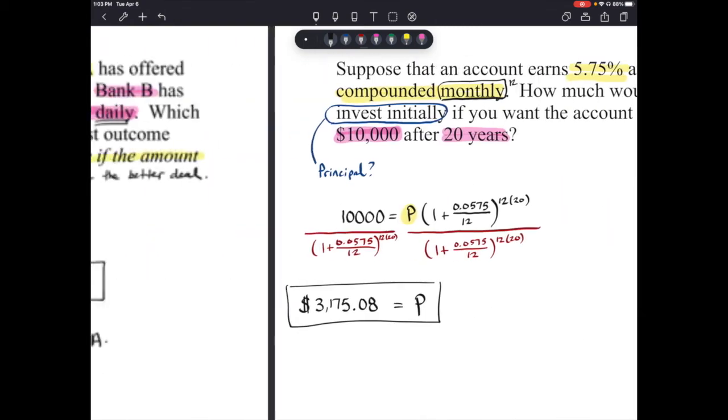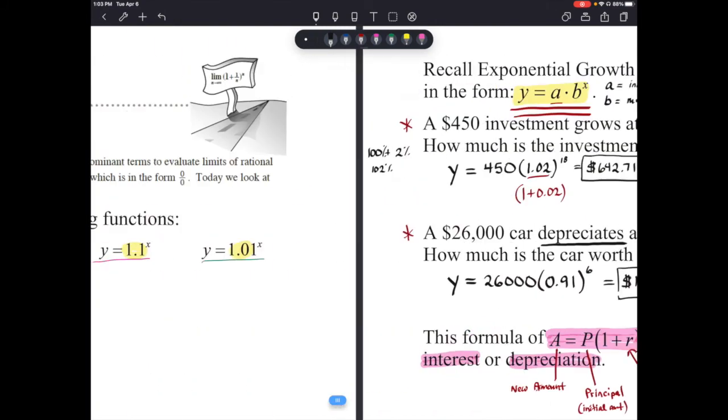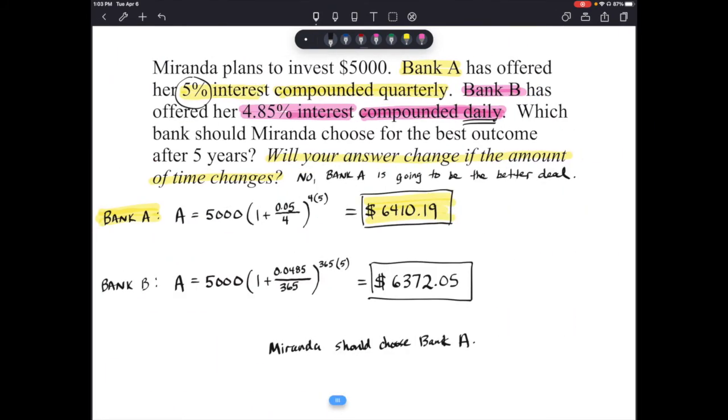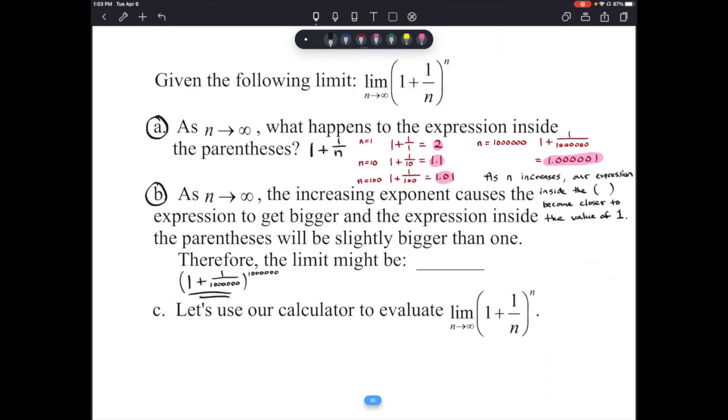And when we looked at our warm-up problems, weren't all of our bases greater than 1? But you'll notice as they got closer to the value of 1, the more they straightened out and started looking like the line y equals 1.